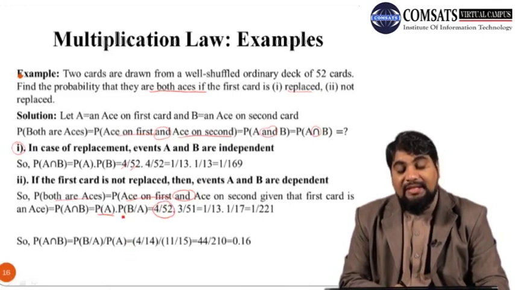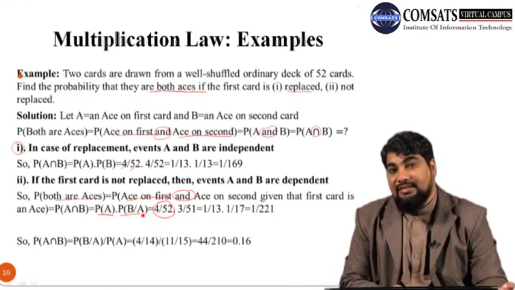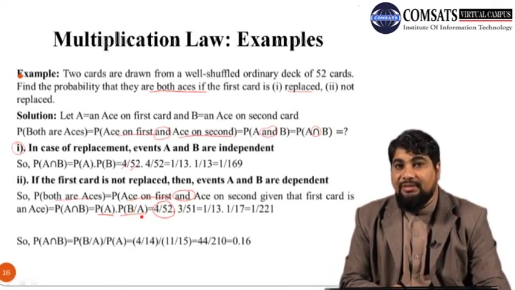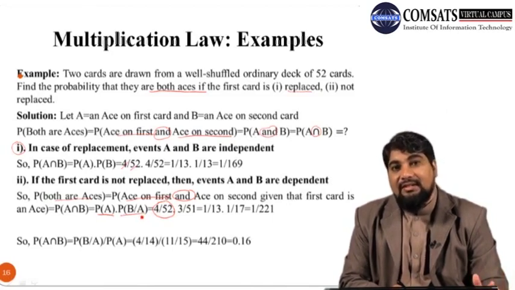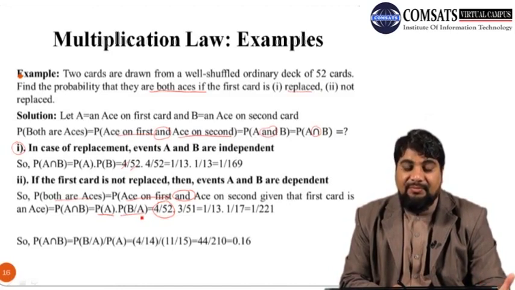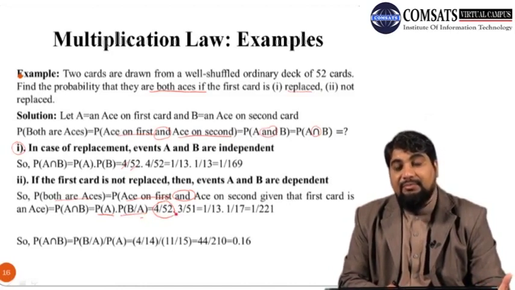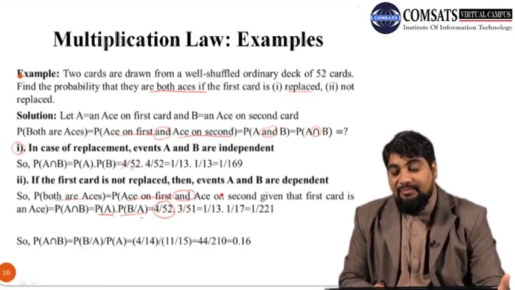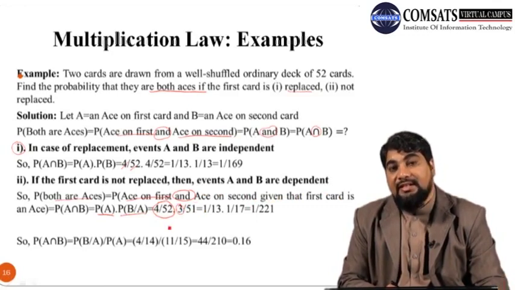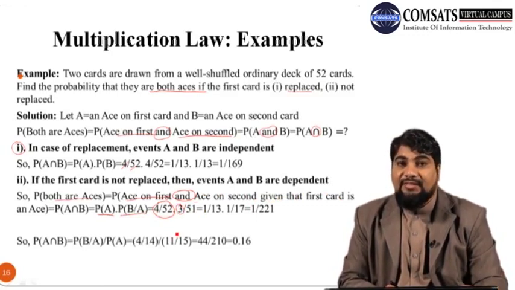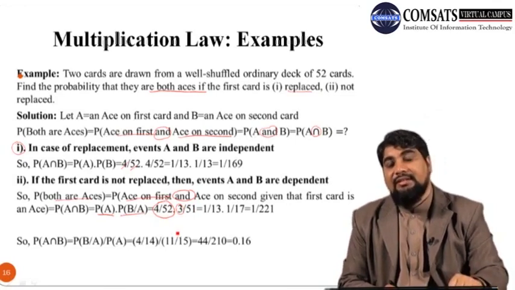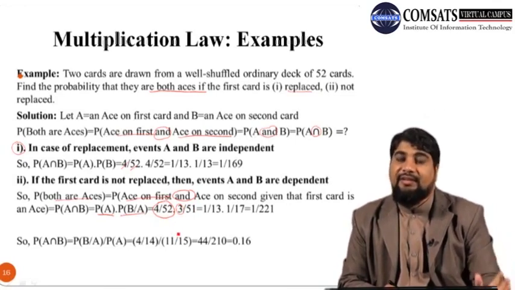But the second is B given A. B given A means now we know that the first card is an ace, which has not been replaced. So our sample space reduces to 51 instead of 52. So B given A, the probability that the second card is also an ace given that the first is an ace: now the total number of aces is 3, because out of 4 aces, 1 ace has already been taken out.